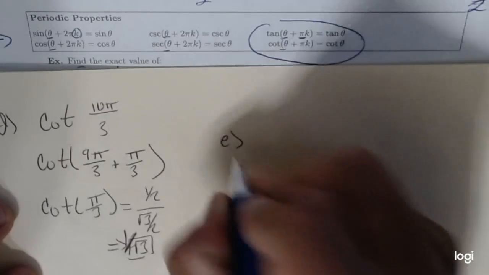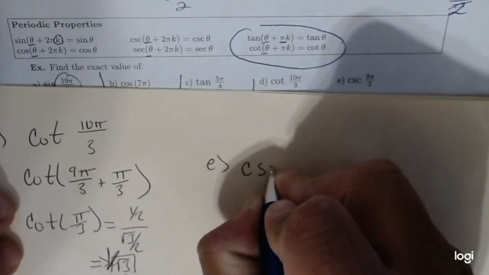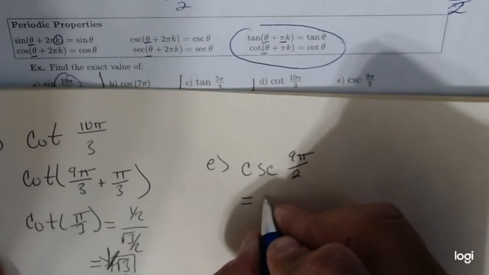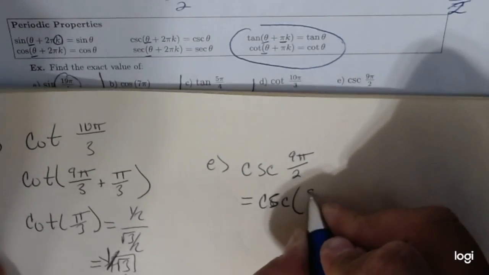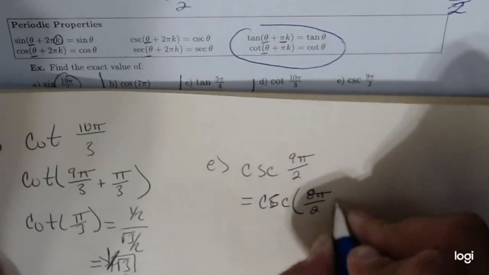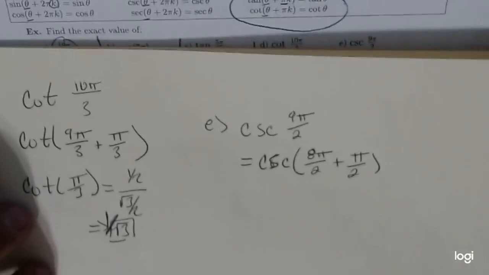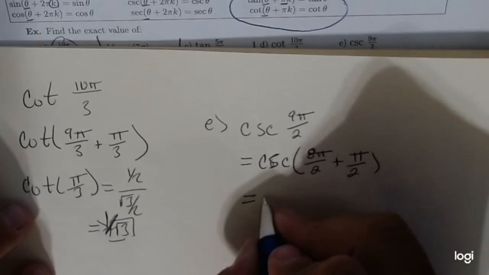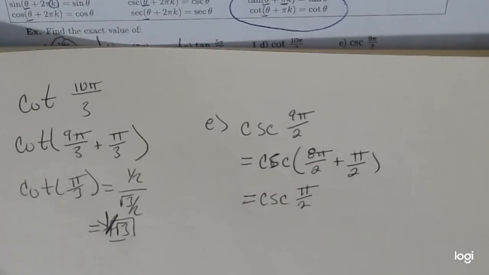Okay. And then for E, it is cosecant of 9 pi over 2. So again, this is the same thing as cosecant of 8 pi over 2 plus another pi over 2, to make it 9. Since this is going around over and over 4 times, that goes nothing, and what we care about is the remainder of just the pi over 2.